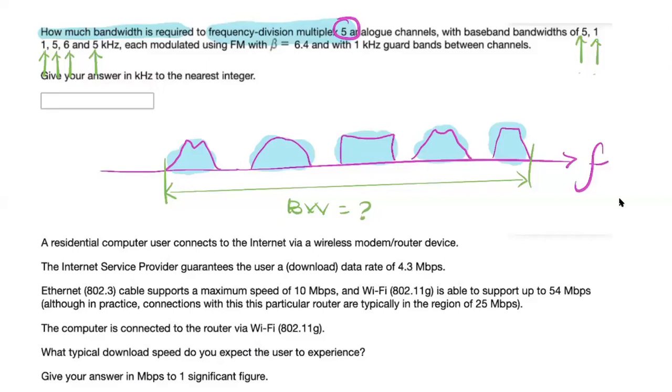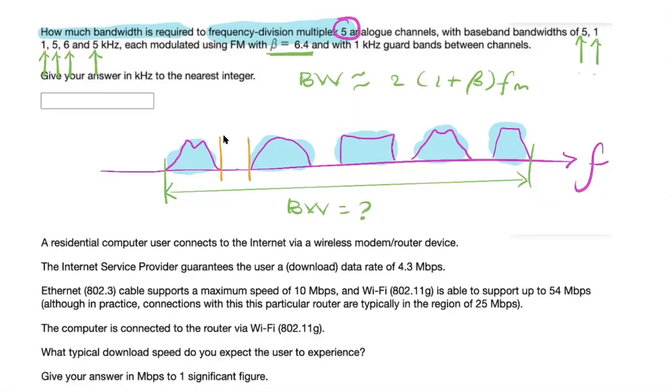But basically, you would calculate the bandwidth using Carson's rule. You're given that beta is 6.4, so the bandwidth is approximately equal to 2 times (1 plus beta) times the baseband bandwidth. And then you'd need to add your guard bands.